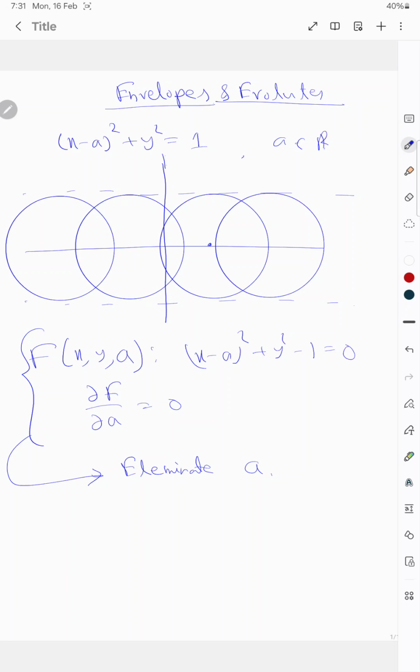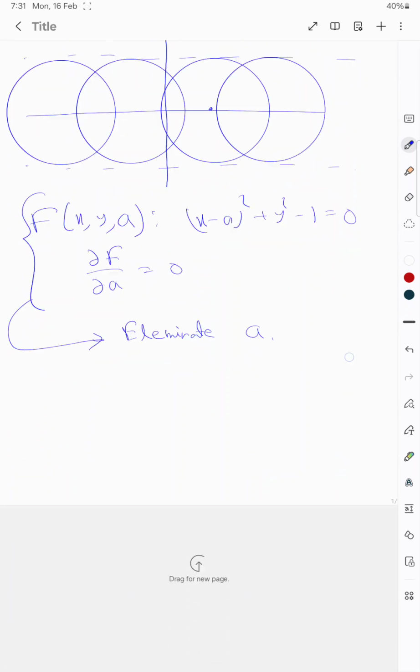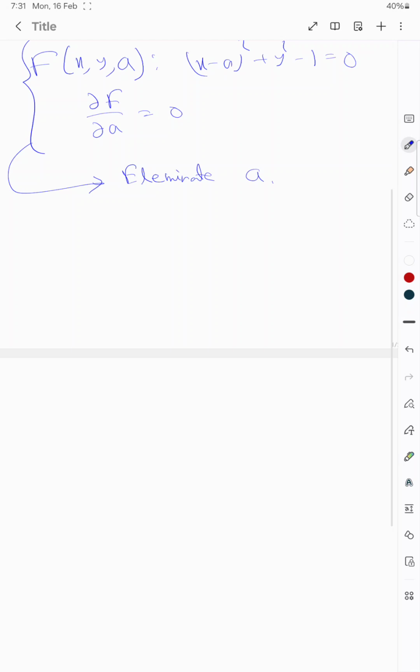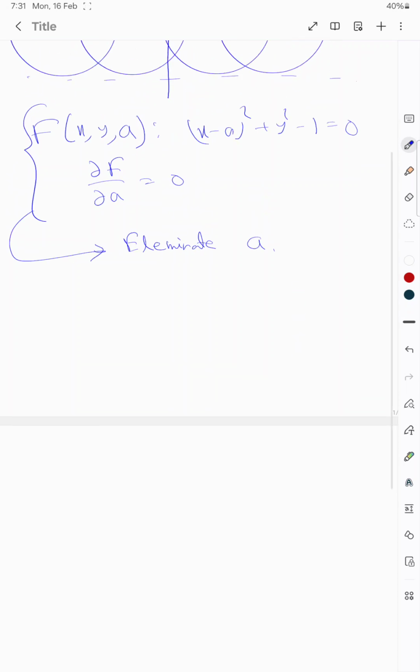I think this type of job you have already done when differential equations were first introduced in your class 12 level. There is some curve equation, you have to get some differential equation, so that type of thing.